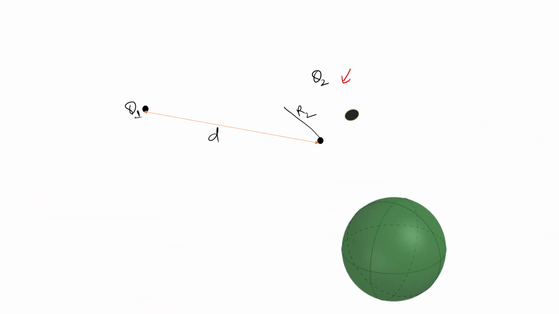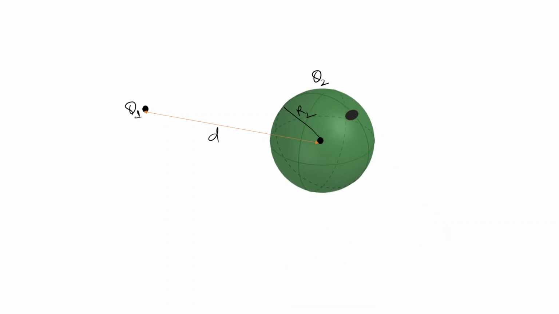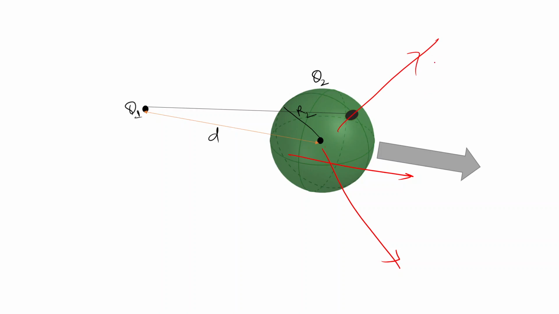One more thing: you see that the force of repulsion will not be in this direction, right? Due to symmetry, it should be in the direction of the line joining their centers. Because if you say it's in this direction, then I will say, why not in this direction? This direction is also equivalent to this direction. You can't say that it is along 1, because if you say it is along 1, I will say it could be along 2 also.